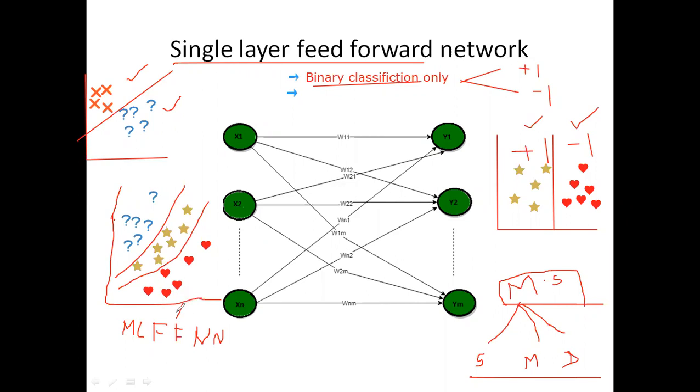This concept follows the multi-layer feed-forward neural network. It draws two hyperlines to separate the data points of your 2D space. Clear? This is the difference between the single-layer feed-forward network and the multi-layer feed-forward network.